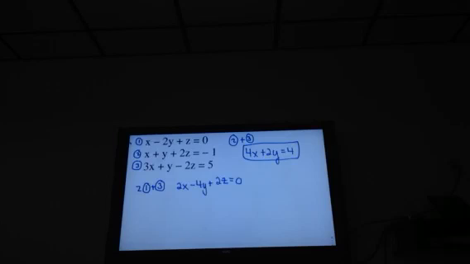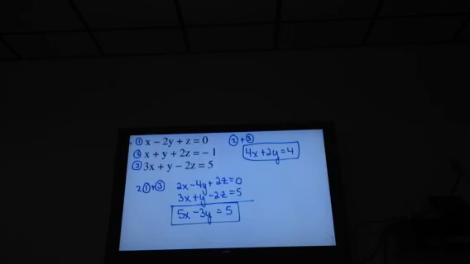a mistake. Okay? Now I said I'm going to put that with equation 3, so I'm going to rewrite that one. I'm not changing it at all. And then I add down and I get 5x minus 3y. My z's cancel just as I wanted them to, equals 5. And I put a box around that one.